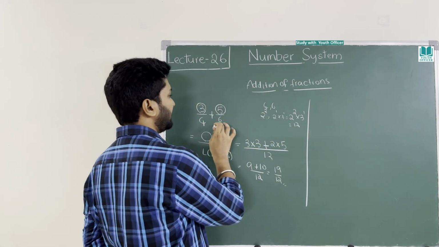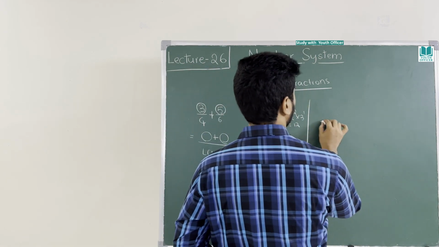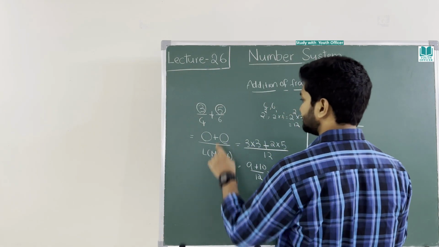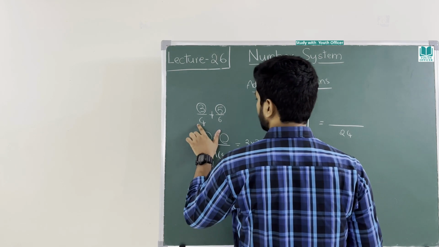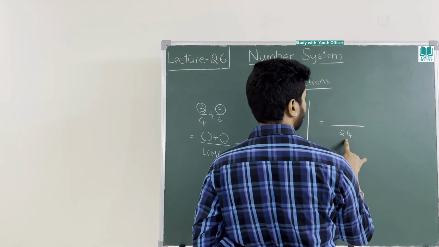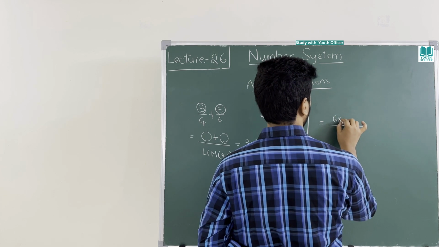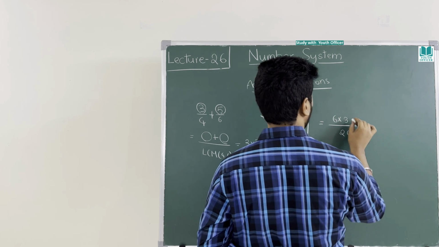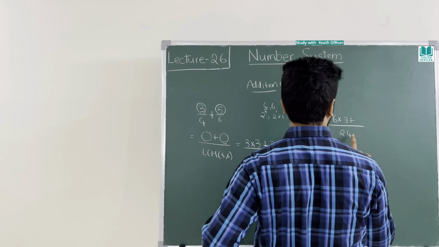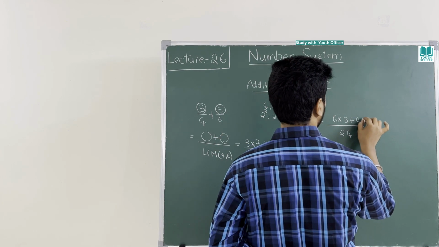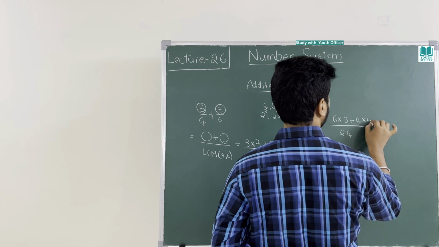If you take multiplication directly, how much is the multiplication? 4 6s are 24. 4, how many times will it divide 24? 6 times. 6 into the numerator 3, plus 6 divides 24 how many times? 4 times, into the numerator 5.